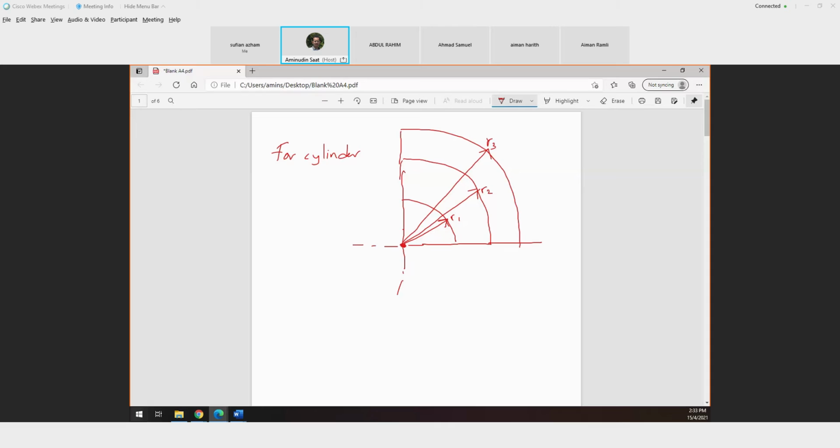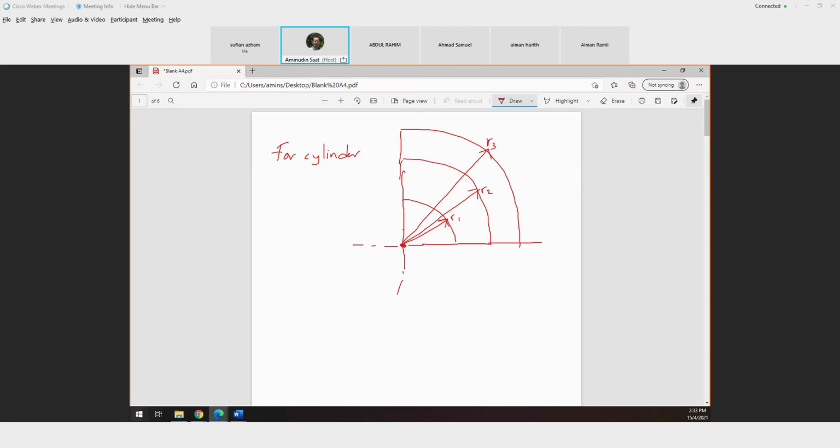I'm not drawing the other quarter because I assume that the cylinder is in a symmetrical shape. Of course, it's in a symmetrical shape. We only draw the quarter section of this cylinder.